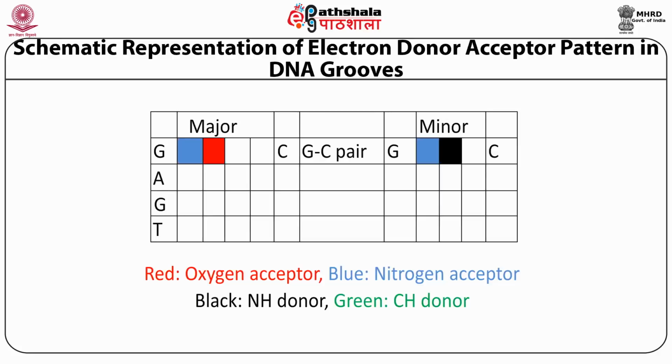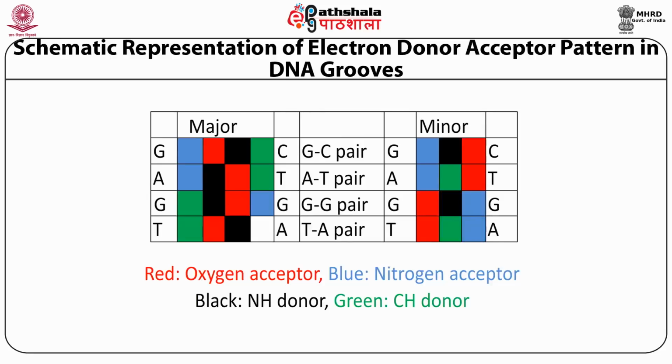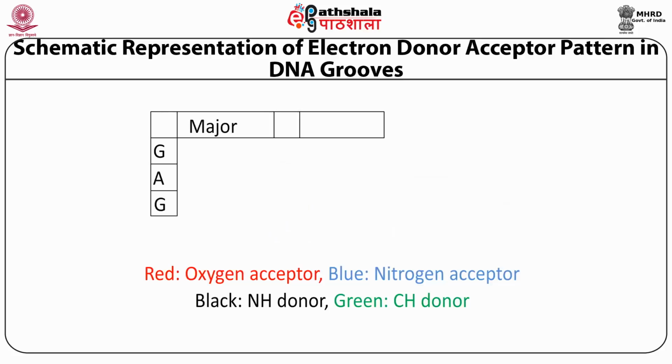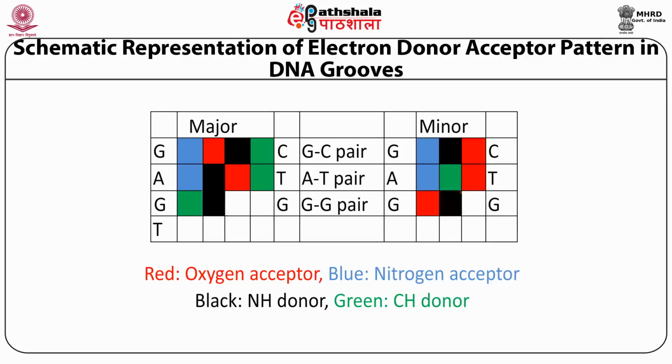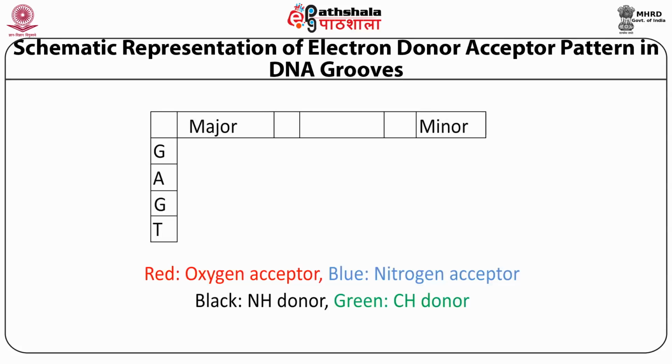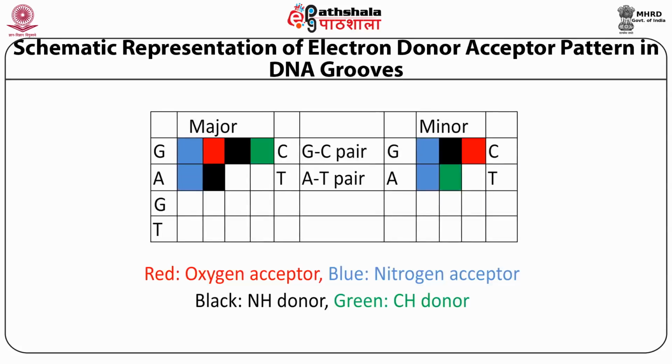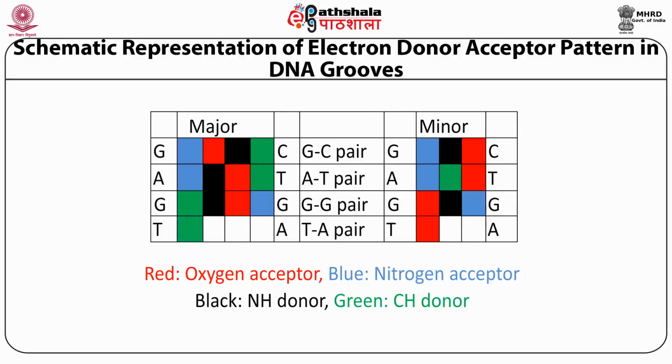Here in this picture, the red is an acceptor which is an oxygen atom. Blue is nitrogen which is also an acceptor. Black is NH, electron donor. Green is also electron donor, but it is CH donor.